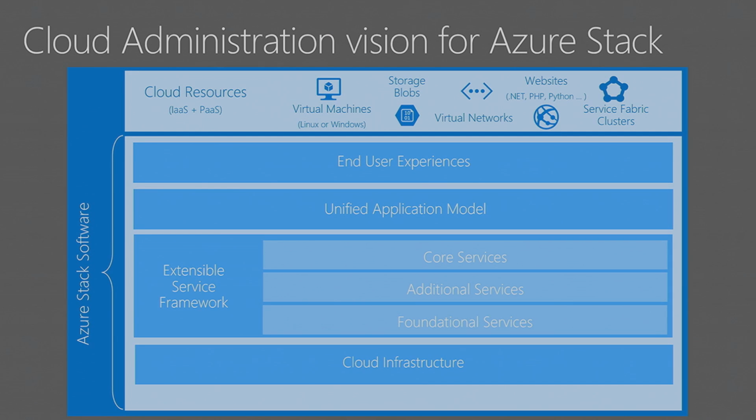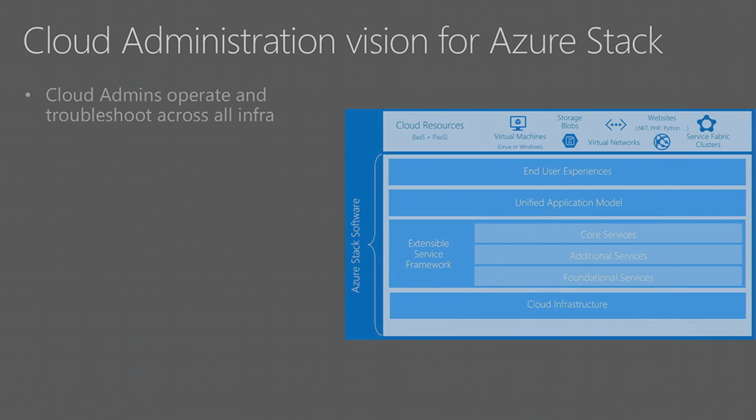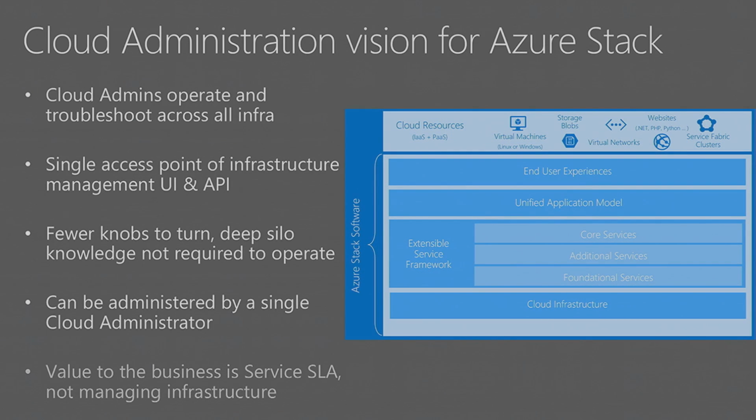So how do we approach this problem? How do we make cloud administration much more efficient for you with Azure Stack? Well, it starts with a vision. And our vision is that cloud admins should be able to operate and troubleshoot across the infrastructure of Azure Stack. We should provide a single point of UI and APIs that allow you to operate and automate your tasks.